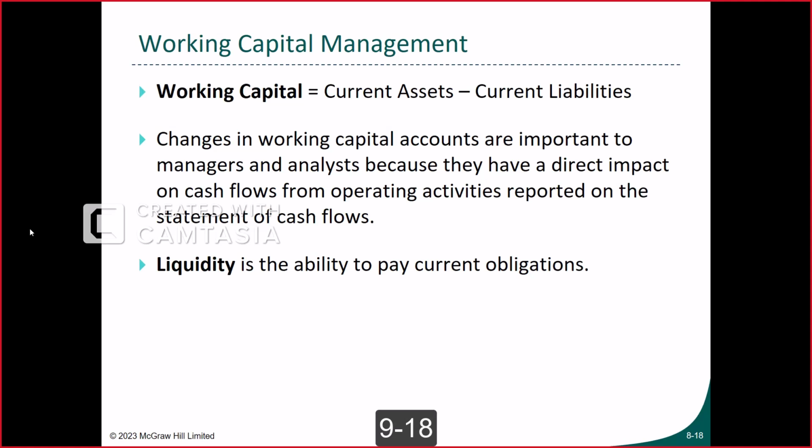Which one is better from this perspective, liquidity perspective? Of course, company B is better because it has more solid liquidity. It has more current asset to cover their current liability.